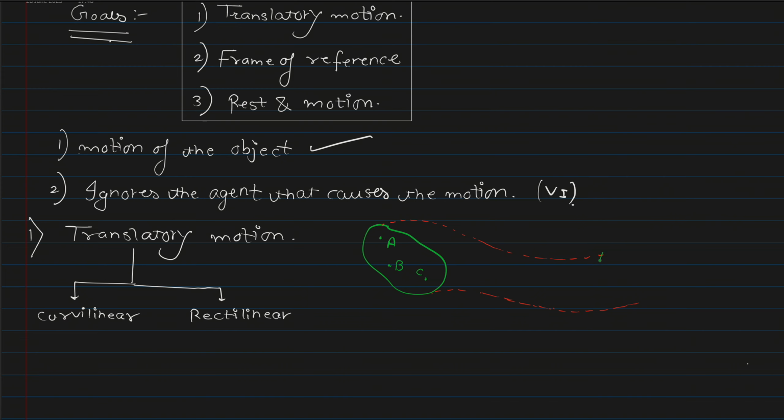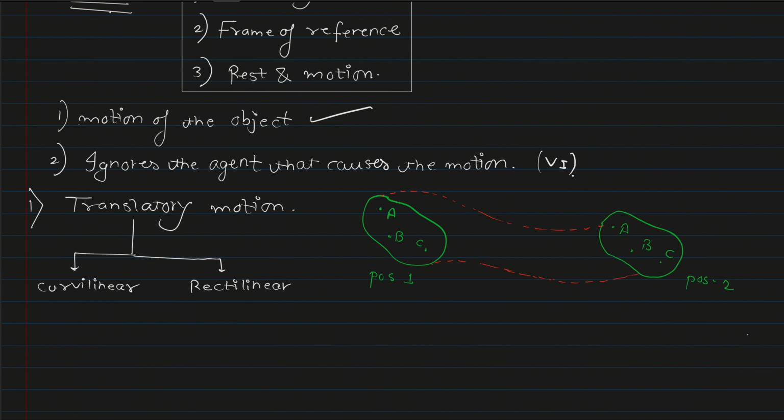I'll redraw it again like this. So it is taken to some other position, and these are the three points A, B and C. This is, let's say, position 1, this is position 2.